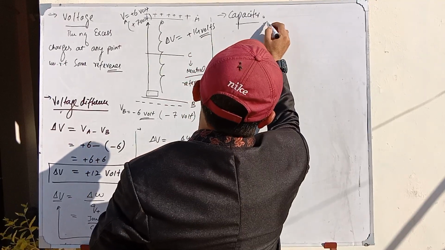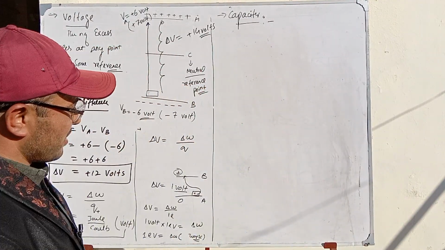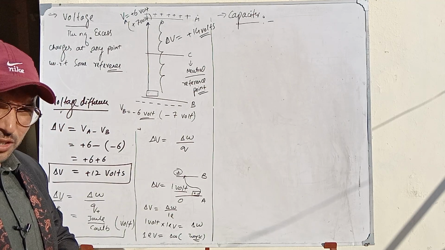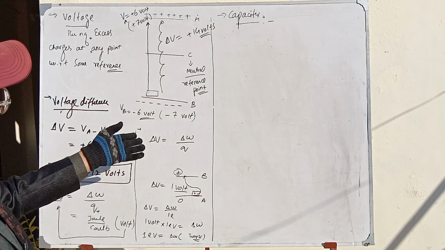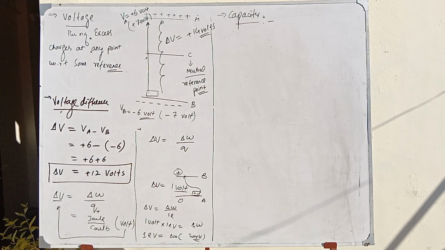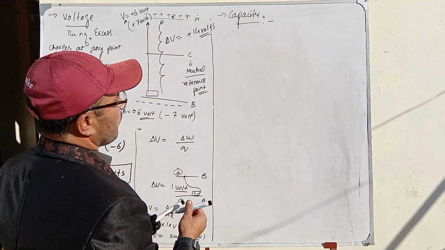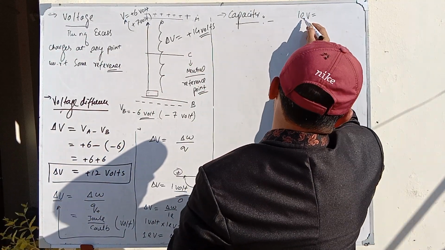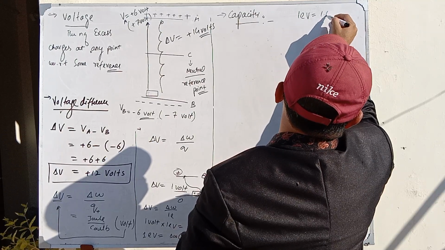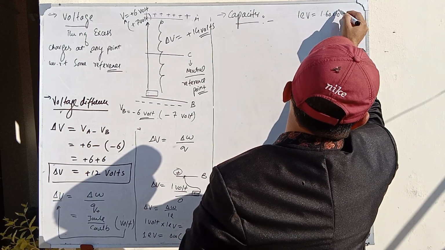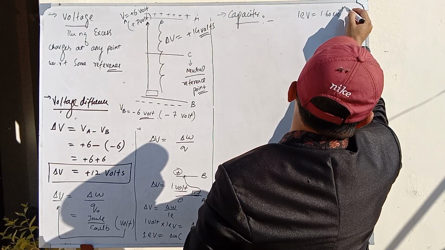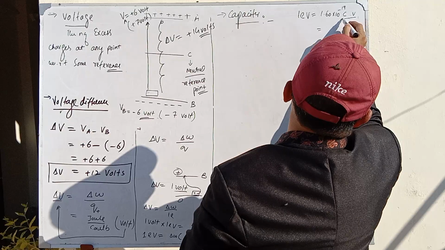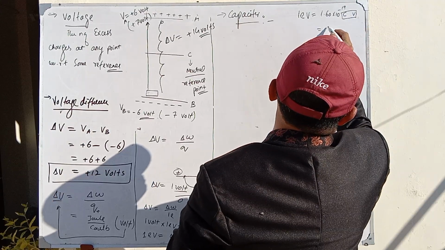So what is a capacitor? First, inshallah tomorrow I will do some quiz points related to Gauss's law, voltage and electron volts. If I write one electron volt, 1 eV is equal to 1.60 multiplied by 10 raised to the power minus 19 coulomb into volt, and volt into coulomb is equal to joule.